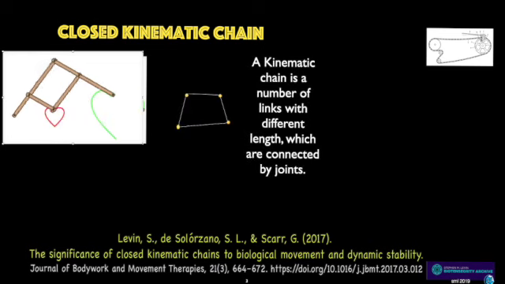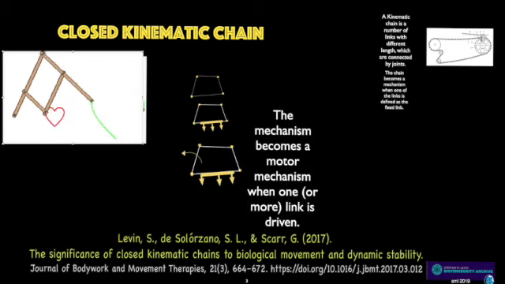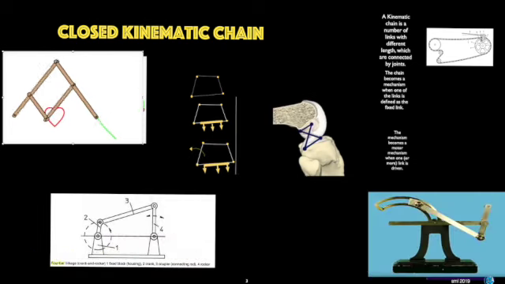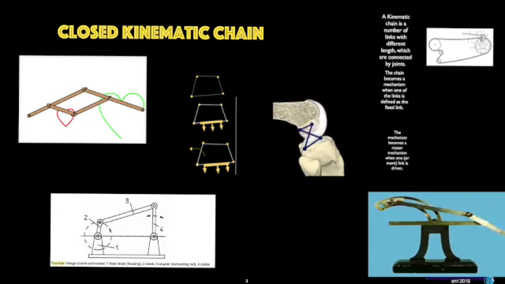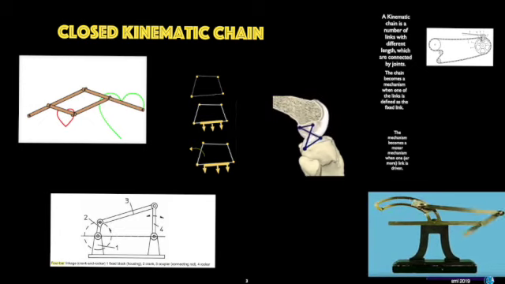These are four or more links connected by hinges that work in conjunction with each other, as in the familiar pantograph. A clear example of this is the cruciate ligaments of the knee. Note the connecting links remain isometric. They do not shorten or lengthen. Just look around a bit and those closed kinematic chains are ubiquitous.